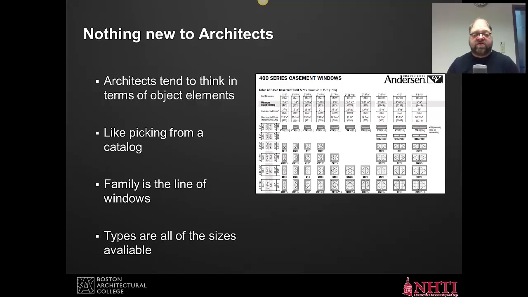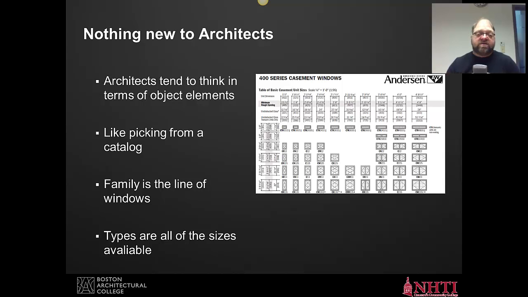Here I'm showing, for example, a page from the Andersen window catalog for their 400 series casement windows. You can think of these casement windows that Andersen makes as the family, right? So the family is a 400 series casement window. And I know that I want a casement window, so I'm going to place that.